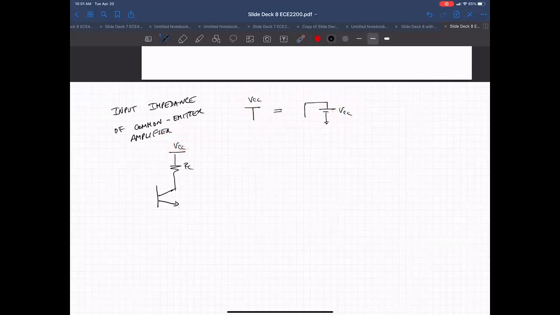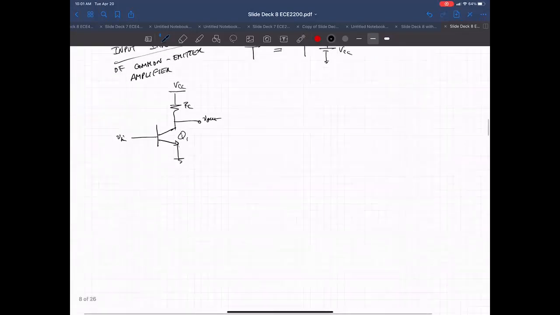Okay, so R sub C, we have, let's call this guy Q1. This is the output, and this is the input. I'm trying to figure out the input resistance. And remember, what we're trying to do in a general way is take two steps. Step 1 is use the small signal model. What does it look like here?